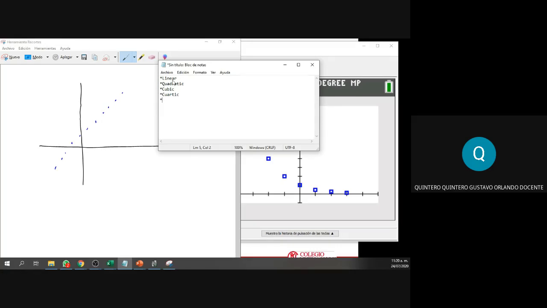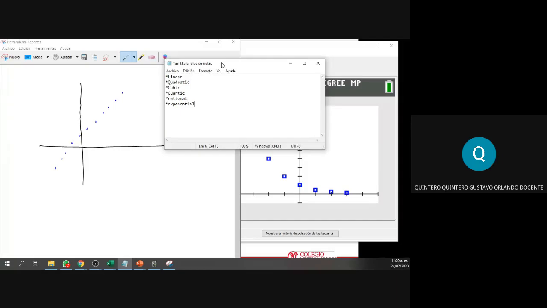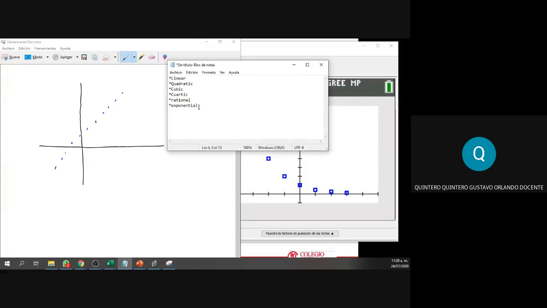We also know rational functions. And last, the one that we have seen today, exponential functions. Analyzing the behavior means choosing one of these. That is what it means, choosing one of these that better fits the points.